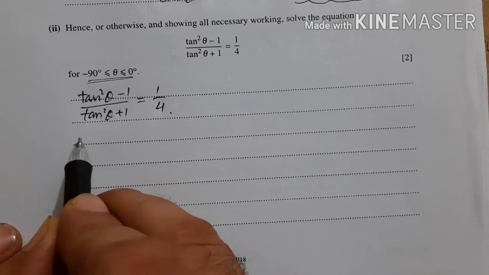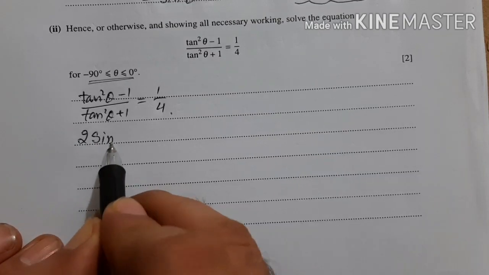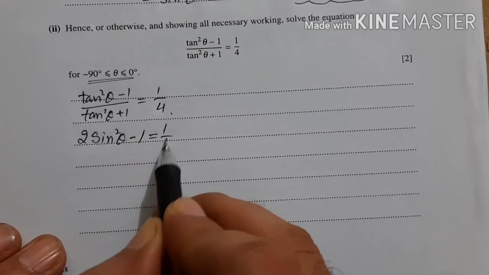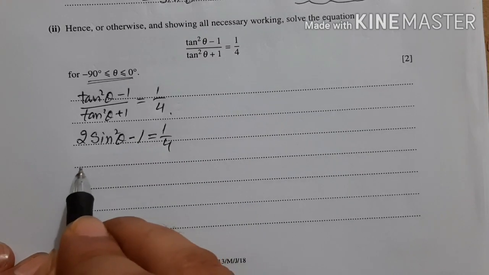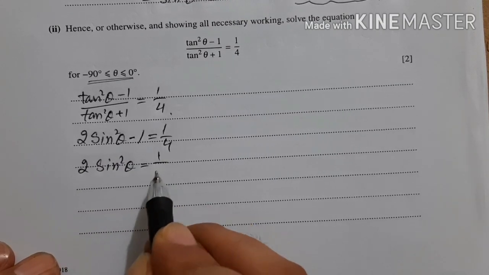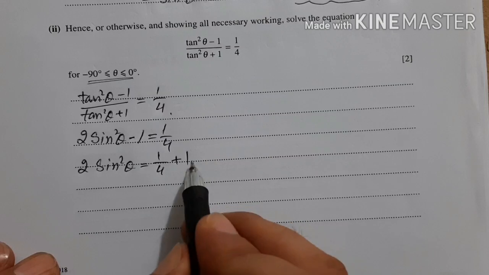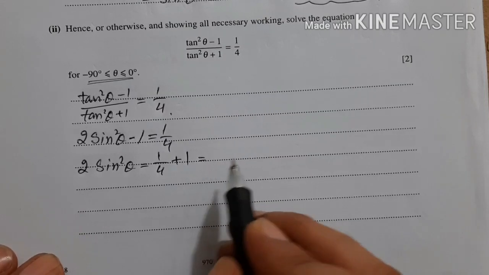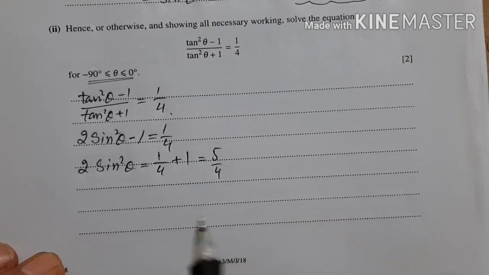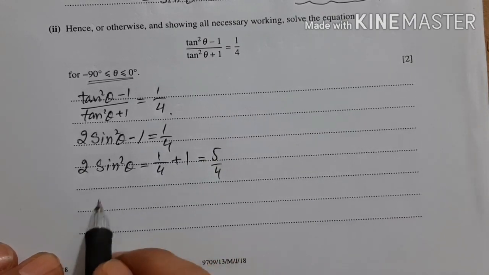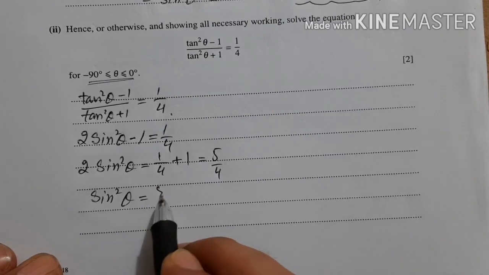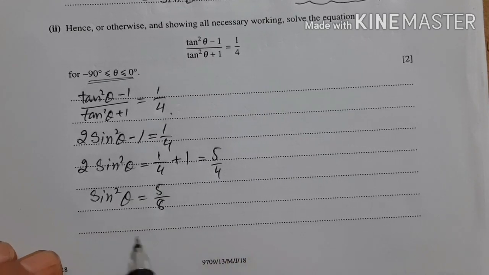So this will become 2 sine square theta minus 1 is equal to 1 over 4. So this will become 2 sine square theta is equal to 1 over 4 plus 1, which is, after taking LCM, 5 over 4. So take 2 on the other side as well. So we'll get sine square theta is equal to 5 over 8.